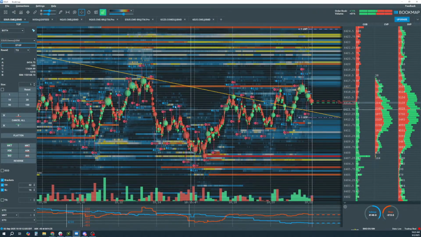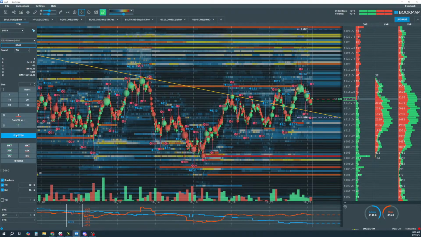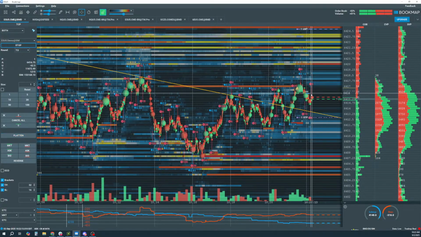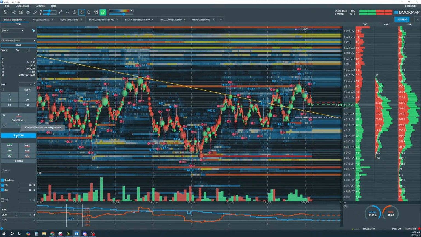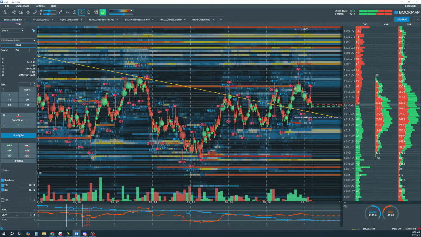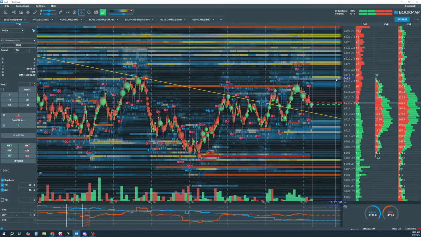But again, it's been kind of back and forth in here. All right, let's see if these buyers can curl back in. If not, then we will exit this. Yeah, let's just exit it.